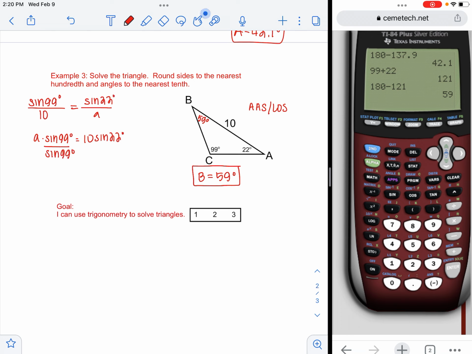Get A by itself by dividing by the sine of 99. So we get A is equal to 10 sine of 22 divided by sine of 99. And I get 3.79. And that is my A value. A is 3.79.